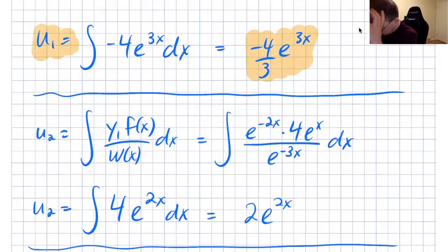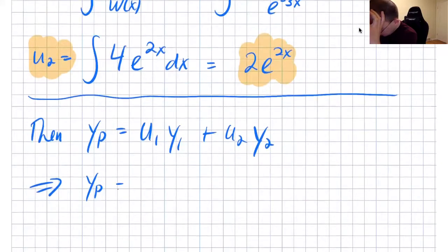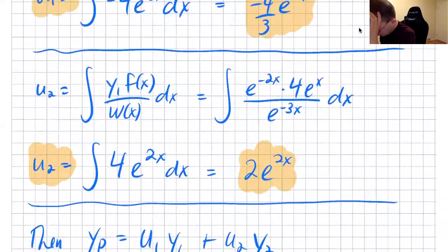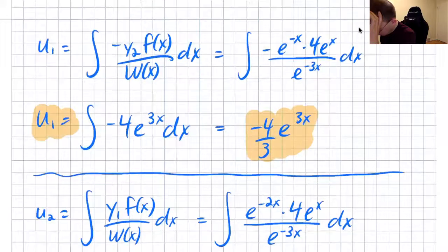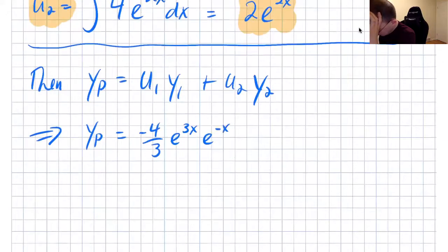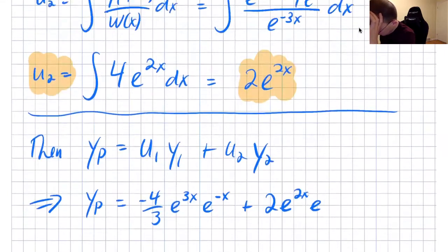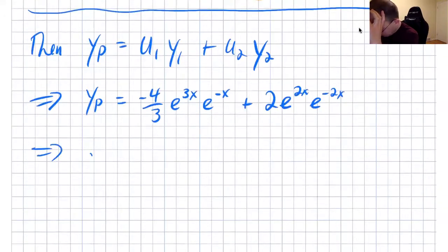So there's u1. u1 is that, u2 that, negative 4/3 e to the 3x times y1, e to the negative x, and then plus u2, 2e to the 2x, and then times e to the negative 2x, and then we simplify.